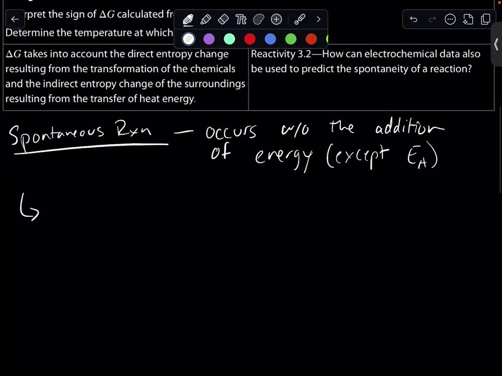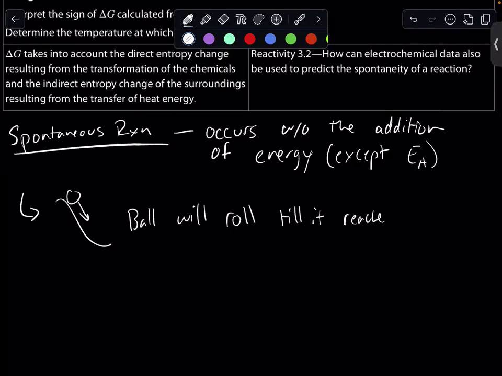We often use the analogy of a ball rolling down a hill. It will continue rolling until it reaches the bottom. And that's very much like a spontaneous reaction. It will go until there are no more reactants.